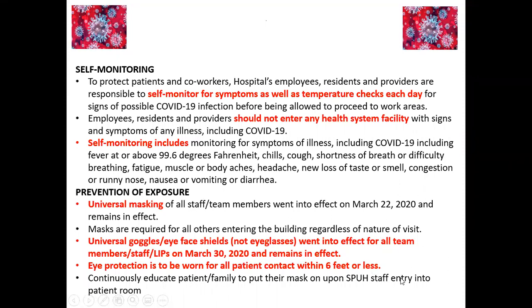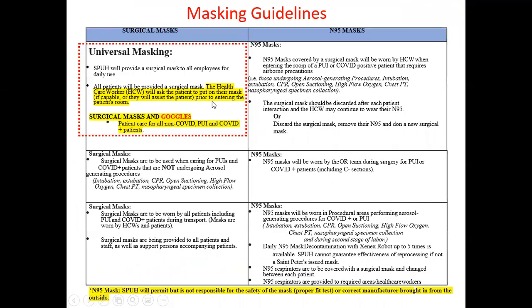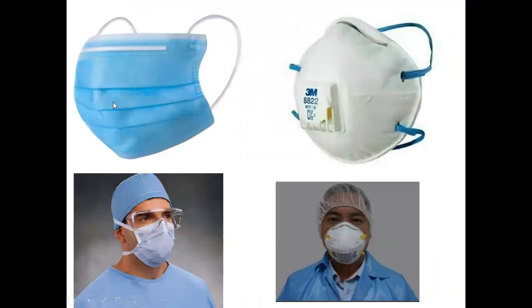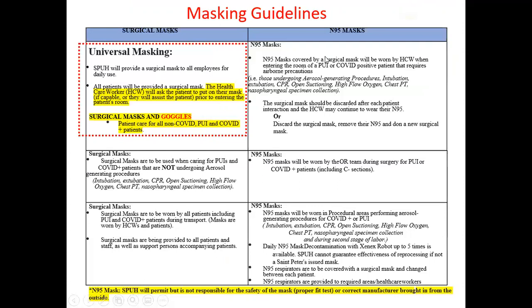Institute staff entering the patient room should also wear masks. Here is showing the masking guidelines. Two types of masks we use: surgical masks and N95 masks. This one is a surgical mask, and this is an N95 mask.